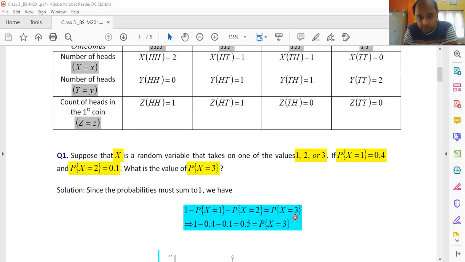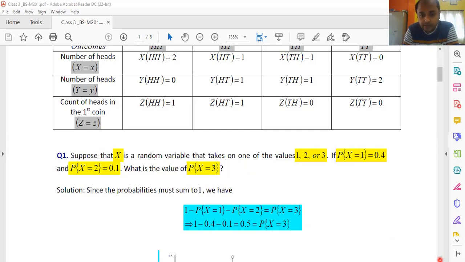So probability of X equal to 3 will be 1 minus P(X=1) minus P(X=2). I am substituting these values over here, and thus I am getting the probability 0.5. Here I am applying the property that the total probability in a probability distribution is actually 1.